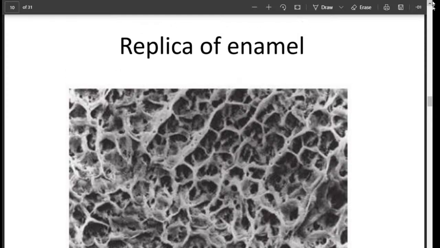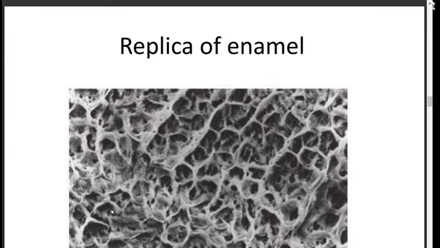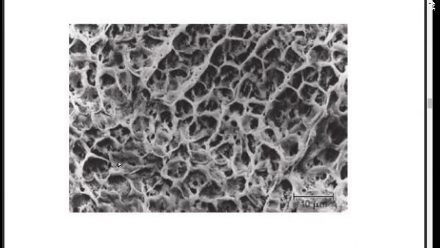In this slide we can see the replica of the enamel, basically an enamel being etched by an etching material, Bunicor, 85% phosphoric acid.